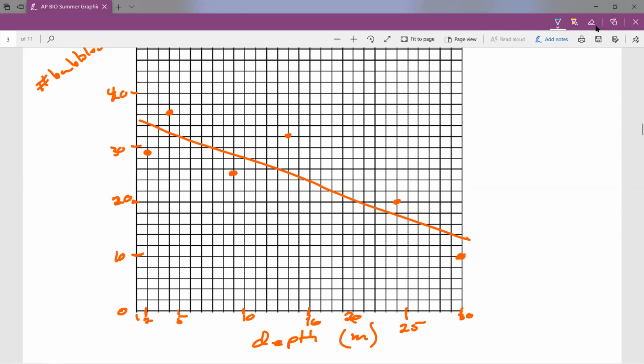So 21 would be in the middle of that line. 5, 27. 2, 4, 6, 7. 10. 40. Wow. 16. 50.